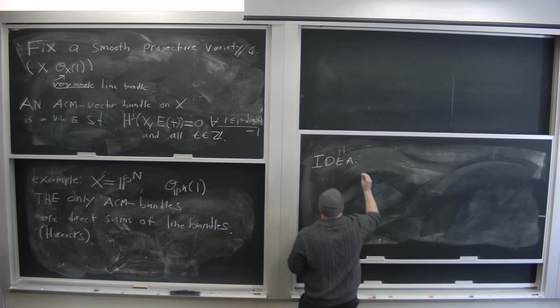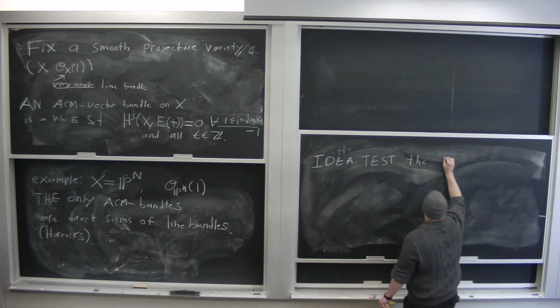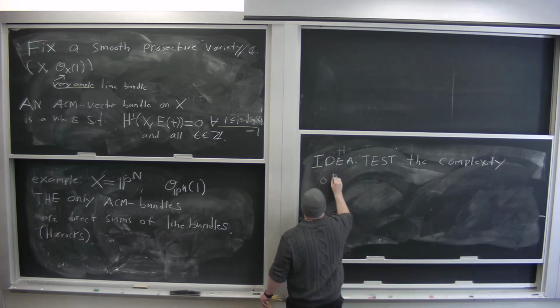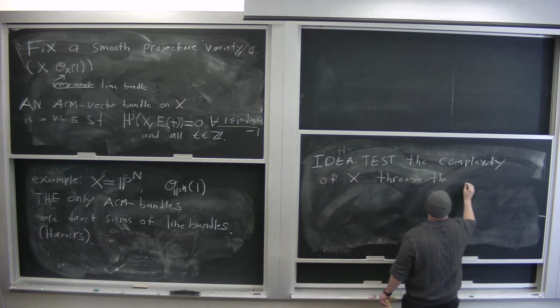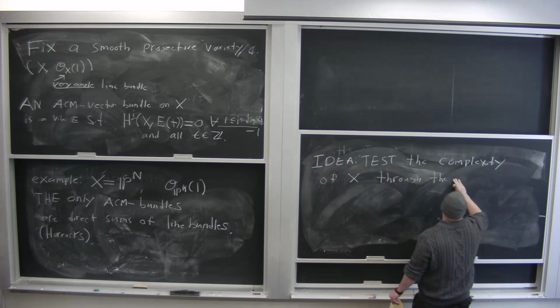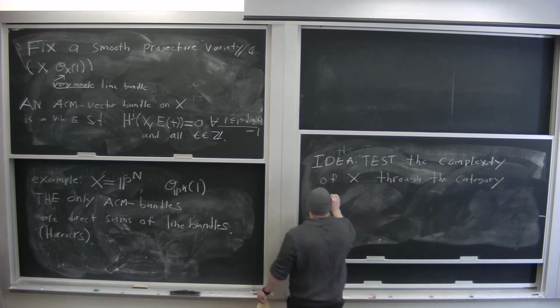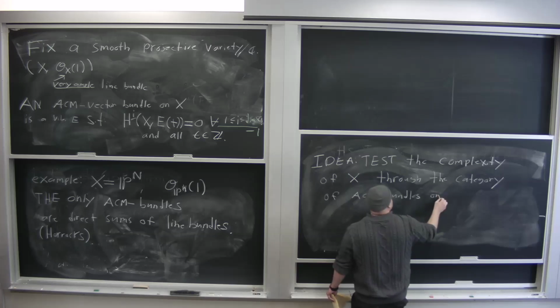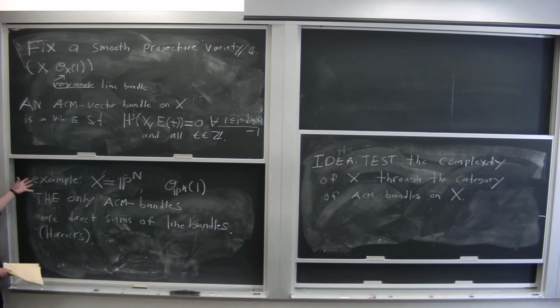And maybe the idea is you test the complexity of X through the category of ACM bundles on X. From this perspective, projective space doesn't have such complicated geometry.